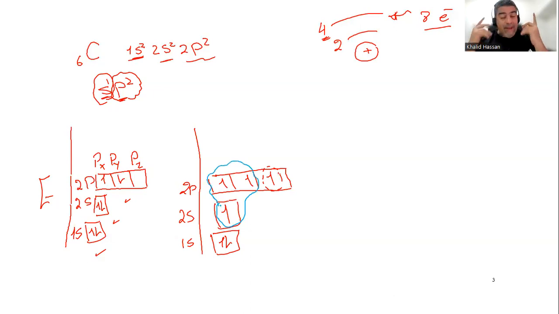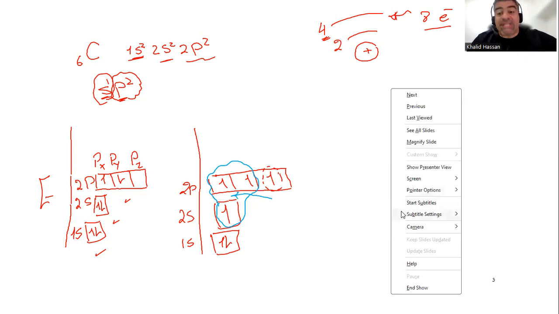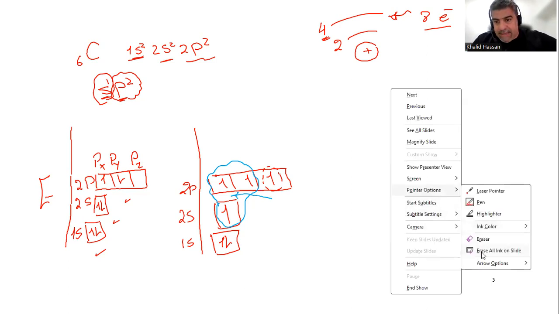So what is the next? The next is a hybridized orbital with an energy in the middle between the energy level of s and p. So this energy level will be here like that. So let's do the second step, and let's change the color again.